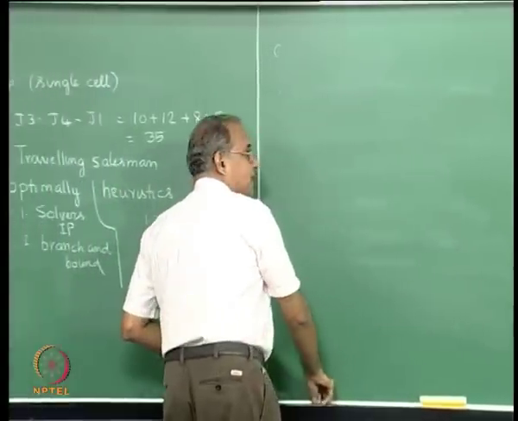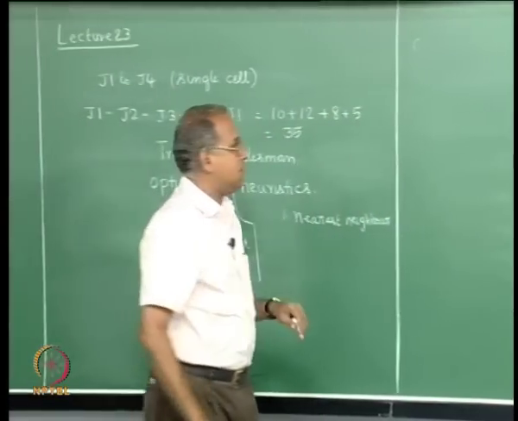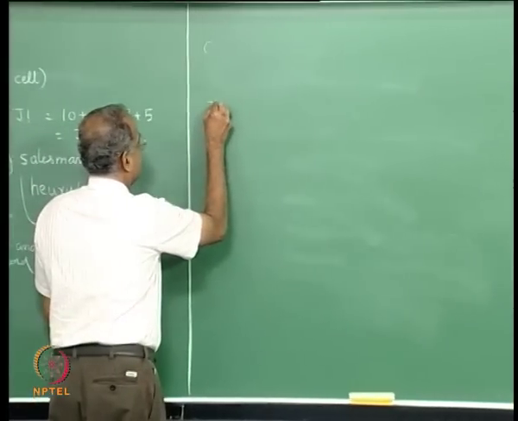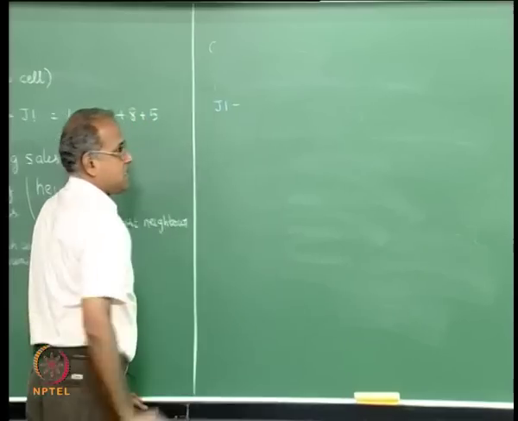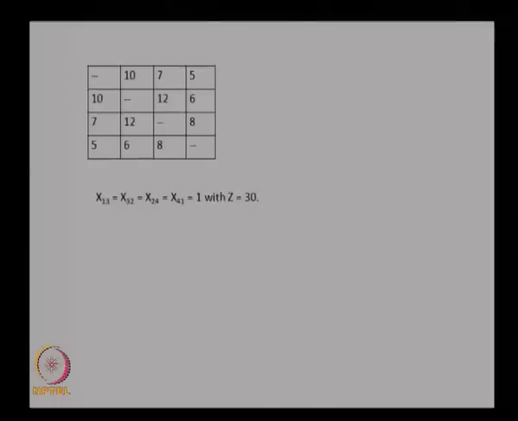So, if we do a nearest neighbor heuristic, now we start with J1 and find out its nearest neighbor from J1. So, if we look at this table, we observe that the nearest neighbor for J1 is J4, which has a changeover time of 5.